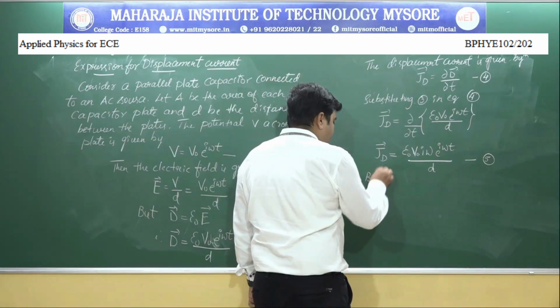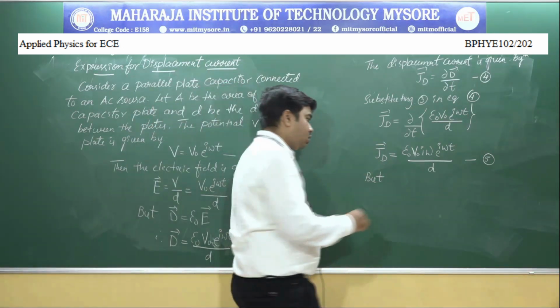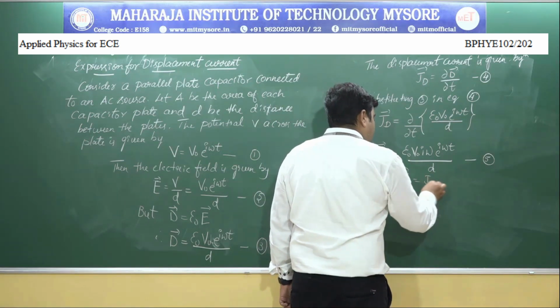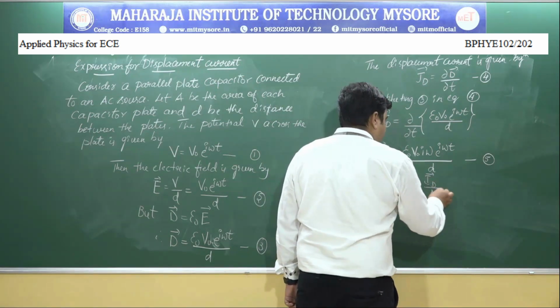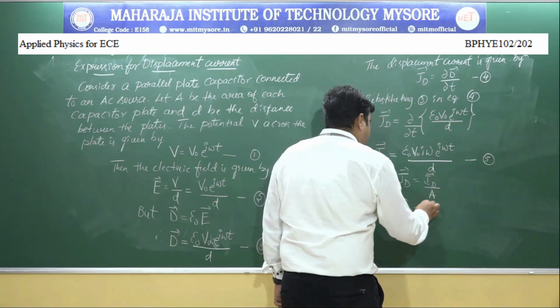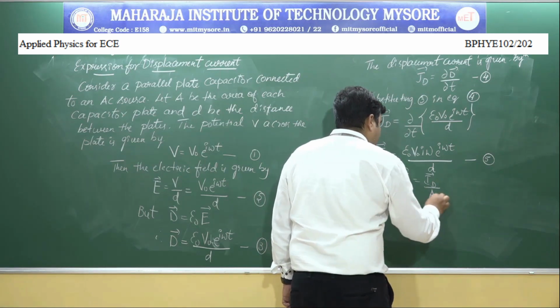But we know that the current density can also be expressed in terms of the current, that is JD is equal to ID by A, or ID is equal to A into JD, equation 6.